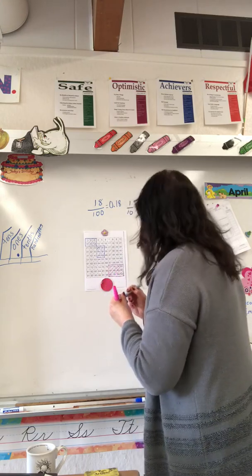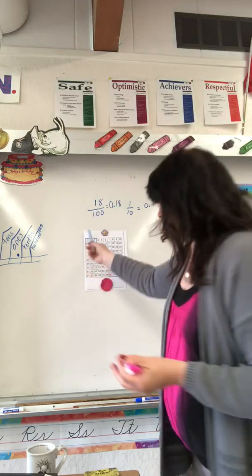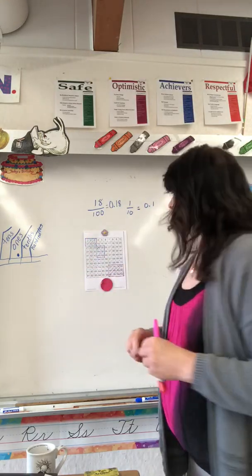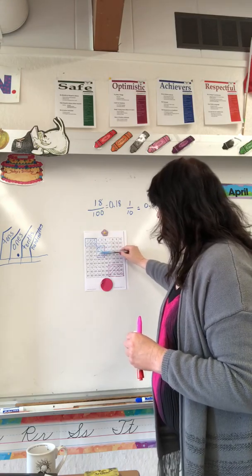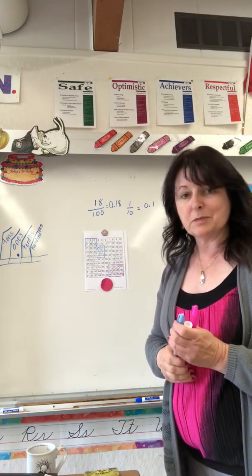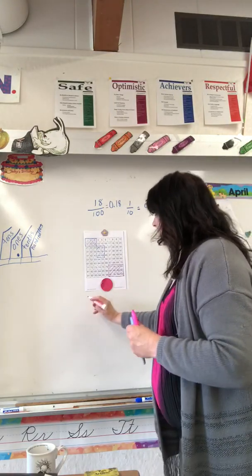And we're going to just say, well, gee, what fraction of this hundredths chart are blue? All right, so we had our 2, 4, 6 here. We've got another 2, 4, 6 there. 6 plus 6 is 12. So we've got 12 out of 100.